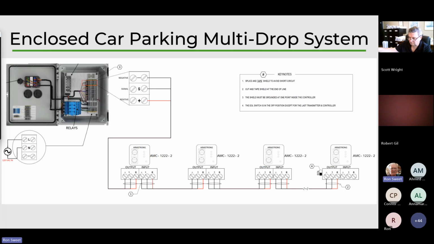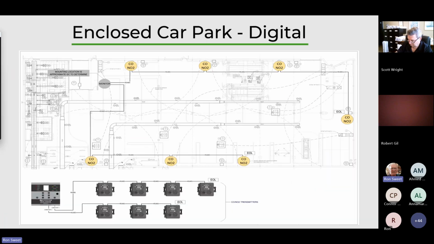Gas detection systems for covering various types of facilities. All the different manufacturers provide them. We think we provide one of the best ones in the Ontario marketplace, and we can help you with your design. We can help you with sensor layout.